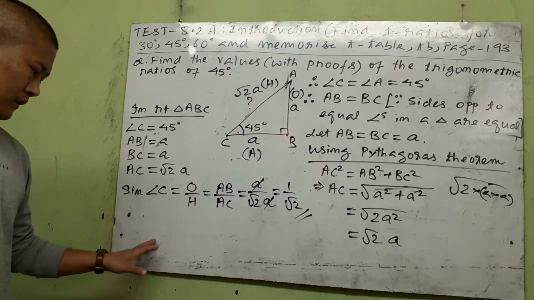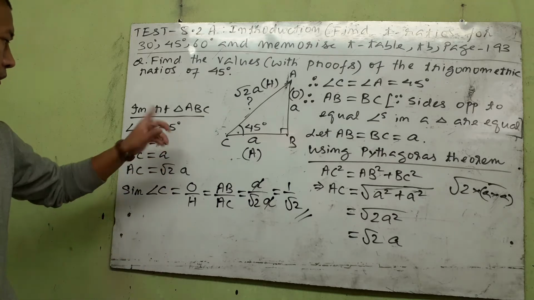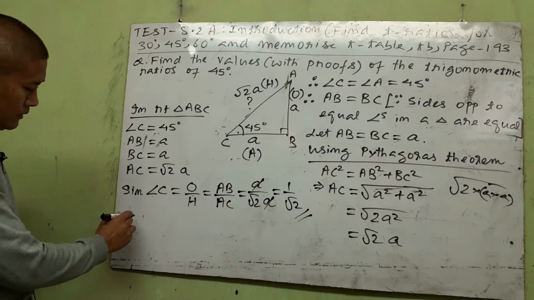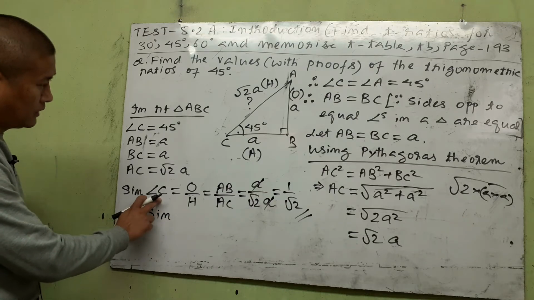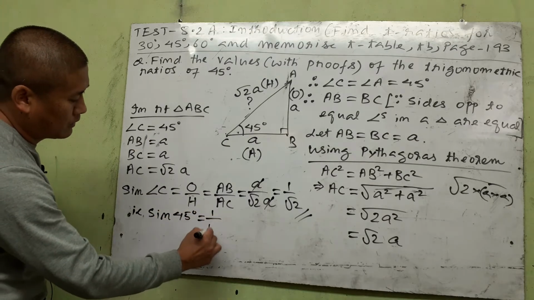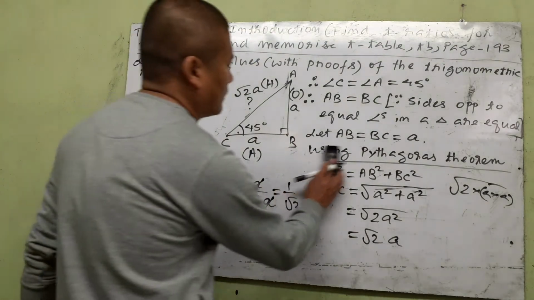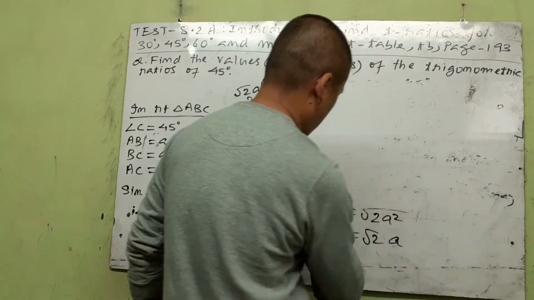So like that we have to find the trigonometric ratios for the remaining 5 for 45 degree. So that implies sine of C, which is 45 degrees, is 1 by root 2. First answer. Let's go and find the rest here.